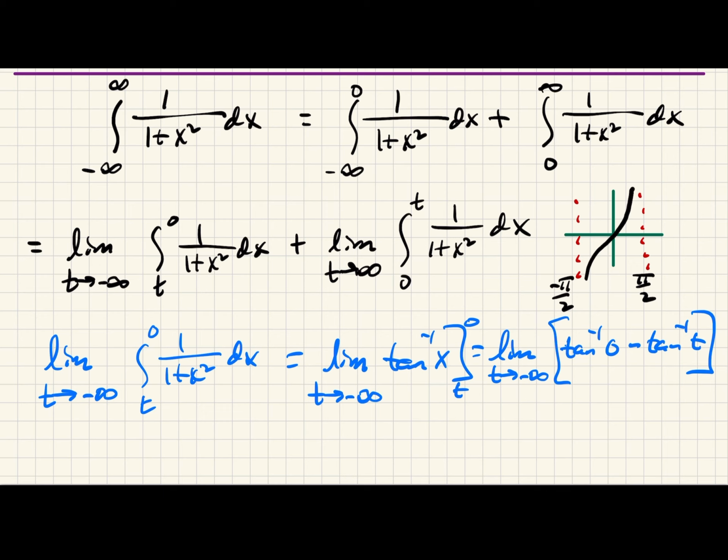When the tangent function has a value of 0, what angle gives me that value? That's 0, that dot right there. So that first part is 0. Really what this becomes is just the limit as t goes to minus infinity of minus inverse tangent of t.